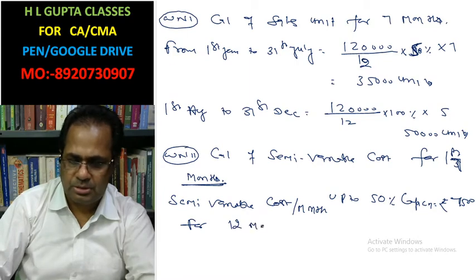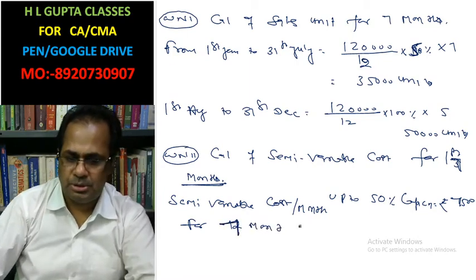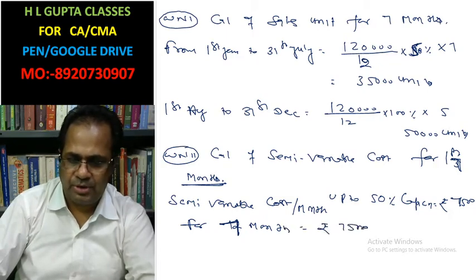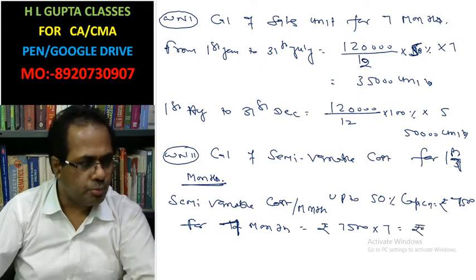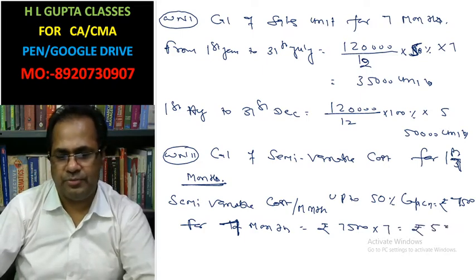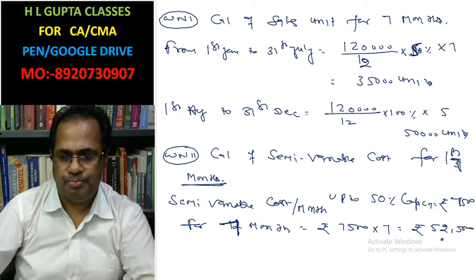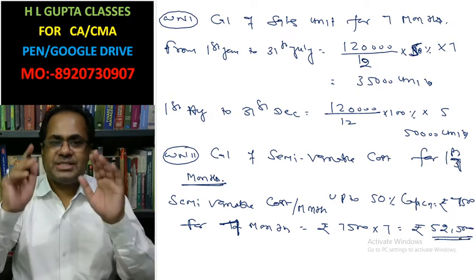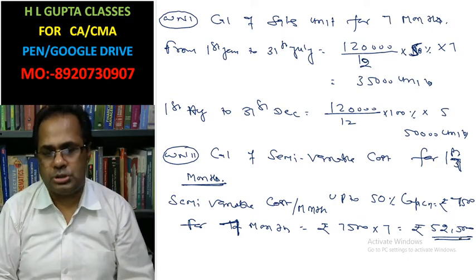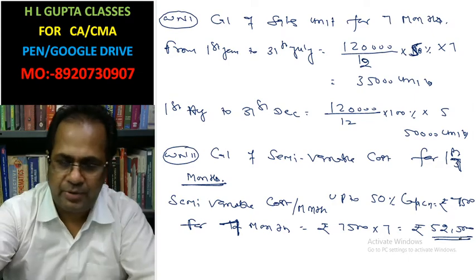For 7 months, 7,500 into 7 equals rupees 52,500. So what will be the semi-variable cost for the remaining 5 months?